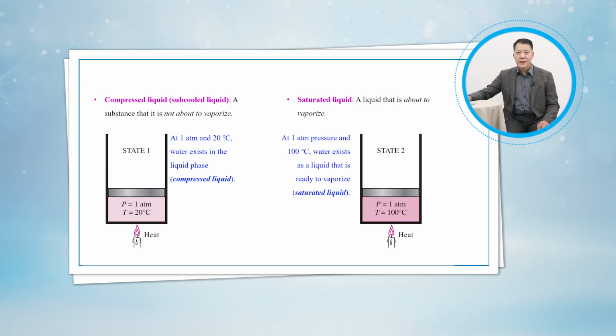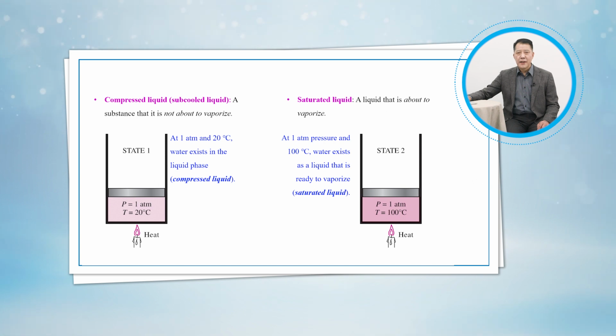As more heat is transferred, the temperature keeps rising until it reaches 100 degrees centigrade. At this point, water is still a liquid, but any heat addition will cause some of the liquid to vaporize.